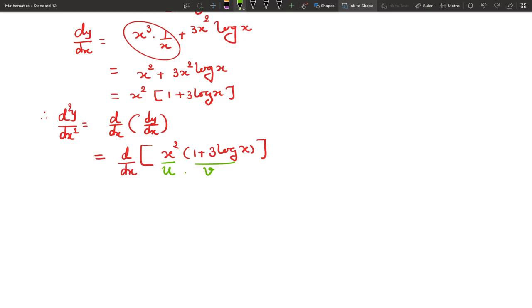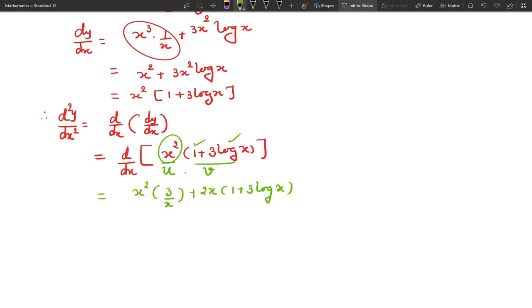So u into derivative of v plus v into derivative of u. X square as it is, 1 is constant, so derivative is 0, plus 3 d by dx of log x, 1 upon x. Now 1 plus 3 log x as it is, d by dx of x square, so it is 2x.